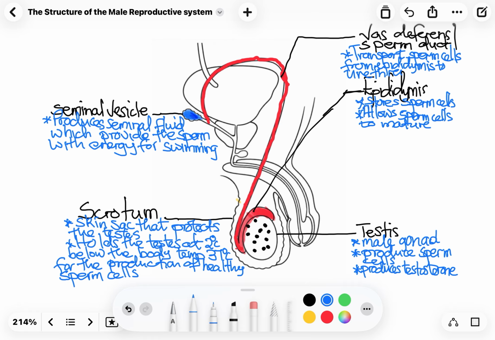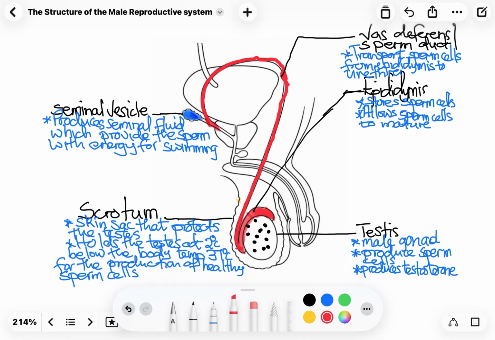Next, we're going to look at this large gland. But maybe before we look at it, let's track the movement of our sperm cells.